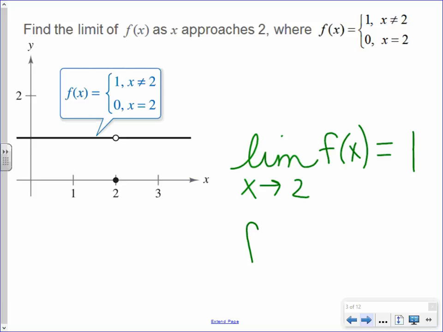Now, what if I ask you for f of 2? Cole, what would f of 2 equal? Okay. When I'm asking you to evaluate the function, that means where's the coordinate? So where's the coordinate for x equals 2?